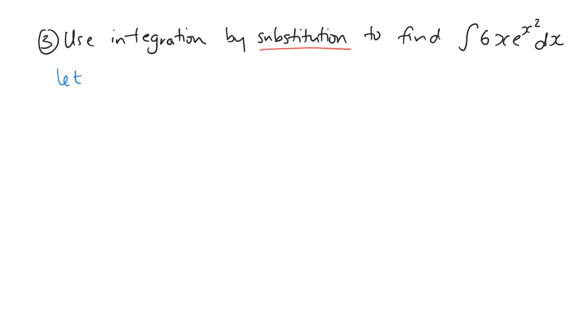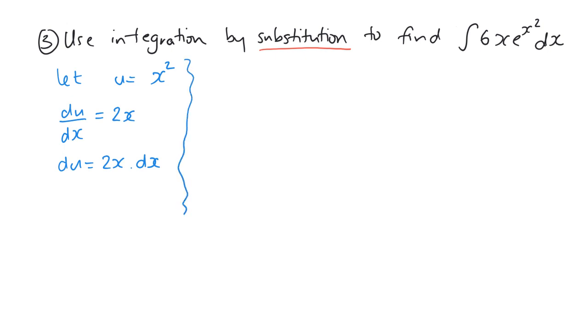So we're going to let u equal x squared. Then du by dx is 2x, so we can write du as 2x dx. Okay, so let's look at our integral. Now we've got 6x e to the x squared dx.